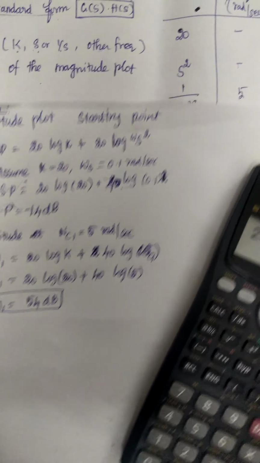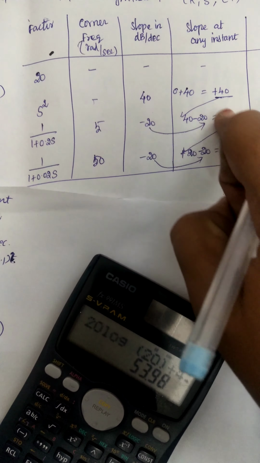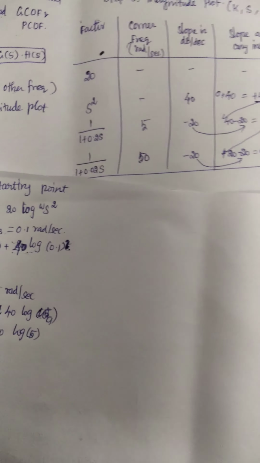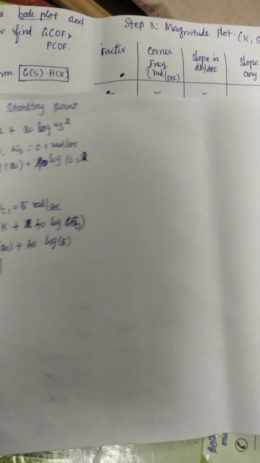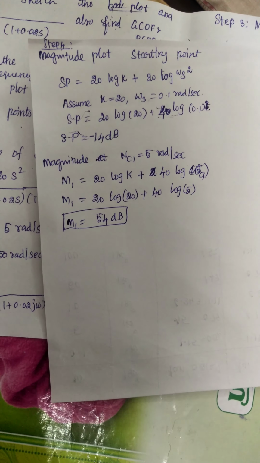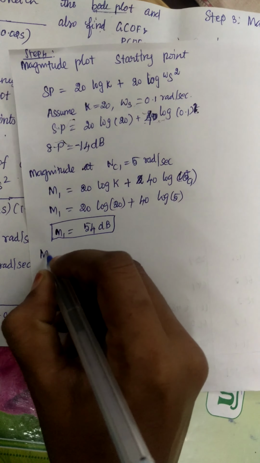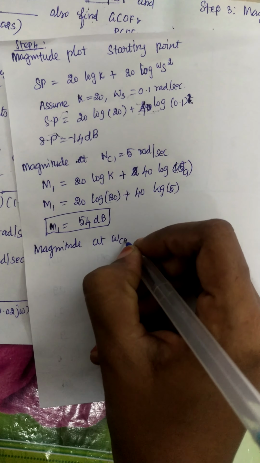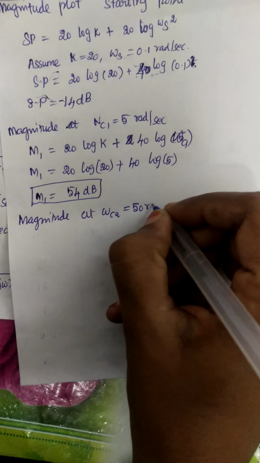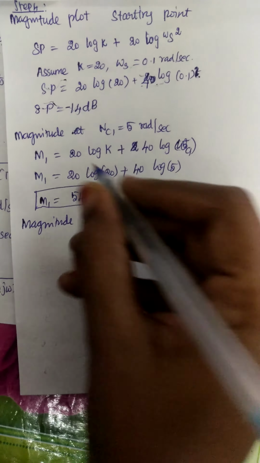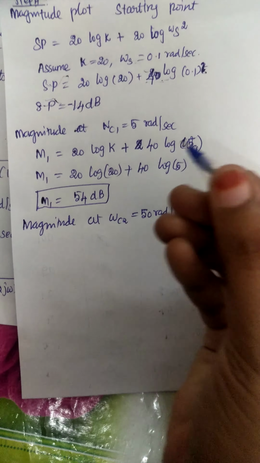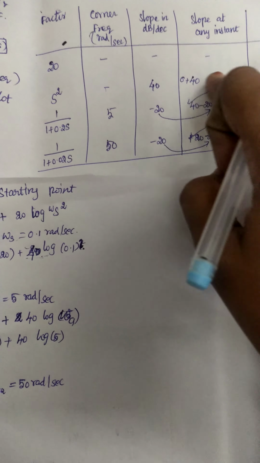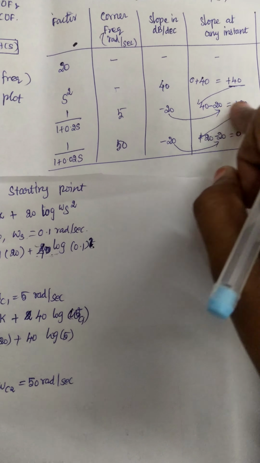Then in this next one, see this, here the net slope is coming, so we are going to take the formula like this: magnitude at omega c2, which is equal to 50 radians per second. Here we are not using this formula. Why? Because here the net slope value is coming.